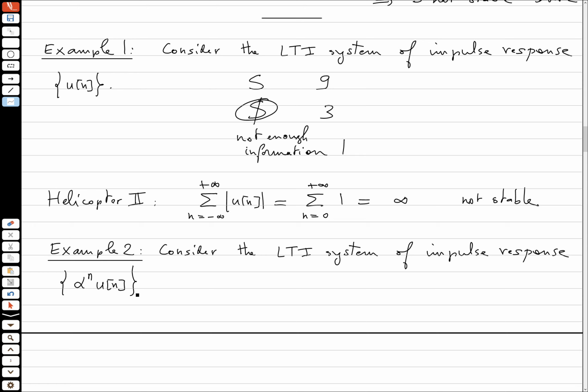So this time I give you an LTI system of impulse response alpha to the n times u of n, and we are going to have the same three questions. Can you state it is stable, or state it is not stable, or not enough information?